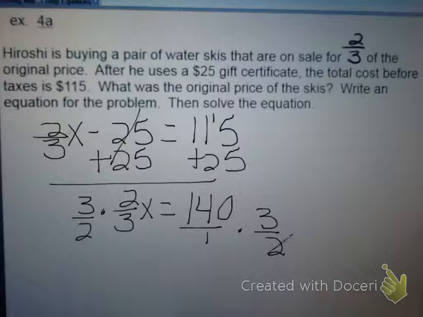Okay, cross reduce. 2 goes into 140 70 times. So x is equal to 70 times 3, which is 210. And that is $210, the original price.